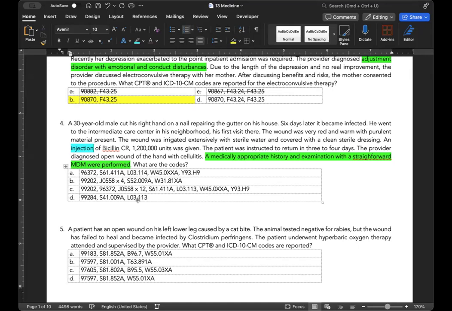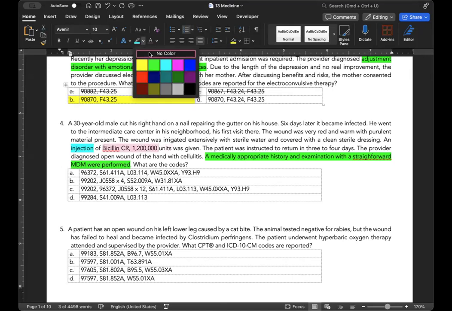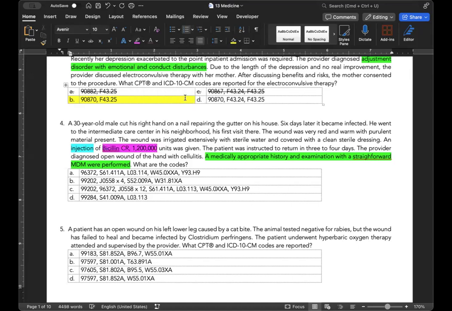Oh, nope, we're going to look up injection. Sorry, not administration. I always forget that it's not under administration. It is under injection. And then underneath injection, since it is an antibiotic, which our Bacillin CR is going to be, then we'll go down to injection and then antibiotic.